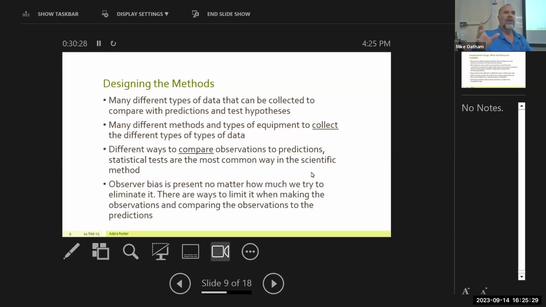So for instance, maybe all of the leaves that we've collected are large leaves, and we actually predicted that we should get small leaves. So in that case, we could say that just comparing the two graphs, we don't really need to do a statistical test. We can see that all the leaves are different to what we expected. Okay, does that make sense? Yeah. So we don't actually need to do a statistical test. Okay?